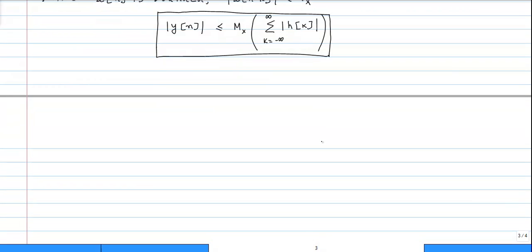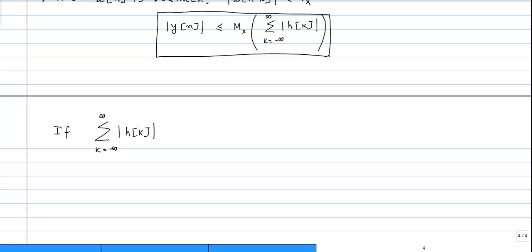So the condition for stability becomes this: if the impulse response is absolutely summable. What that means is, if summation k going from minus infinity to plus infinity of the magnitude of h of k is bounded, let's call this some m sub h, or equivalently is finite.